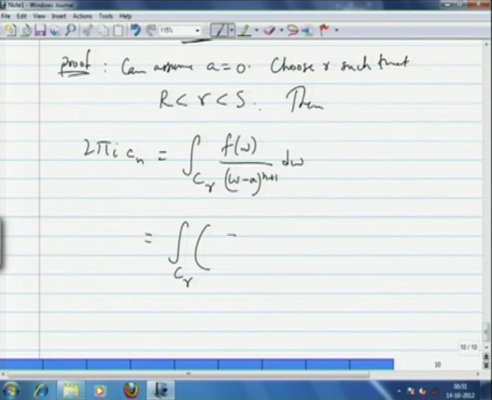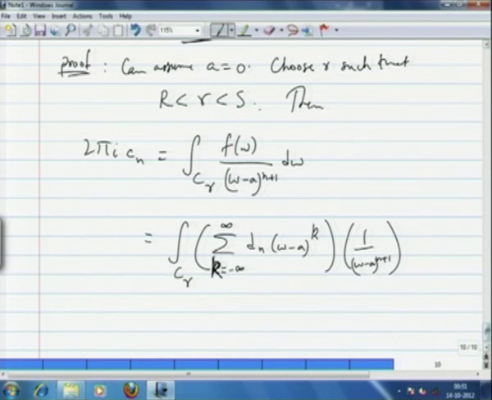Okay. So, I am not writing that here. This is equal to the sum over k equals minus infinity through infinity of d k (w minus a) power k, because I can write f like that, okay, and then times 1 by (w minus a) power n plus 1.